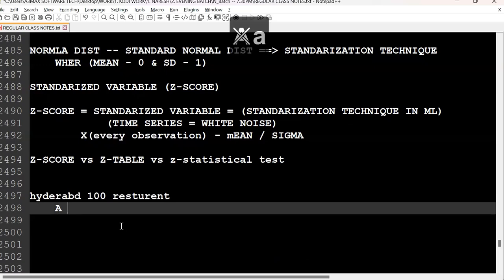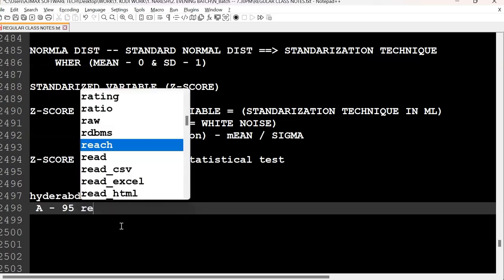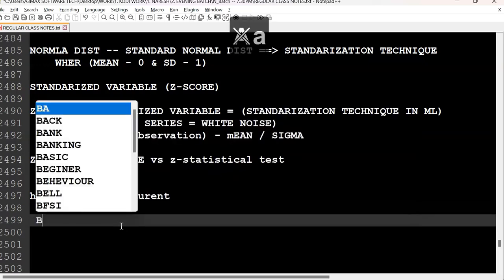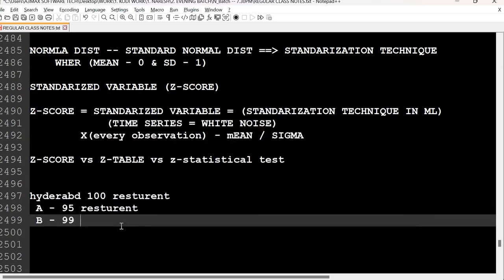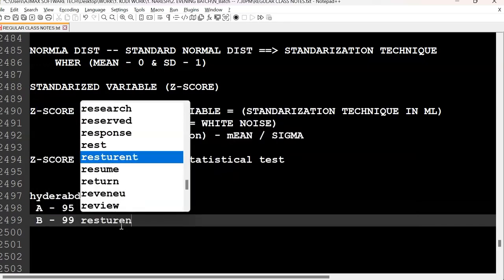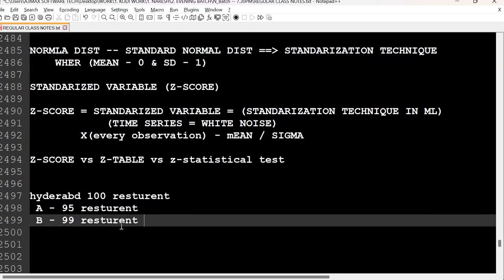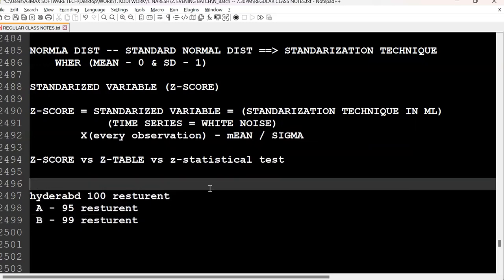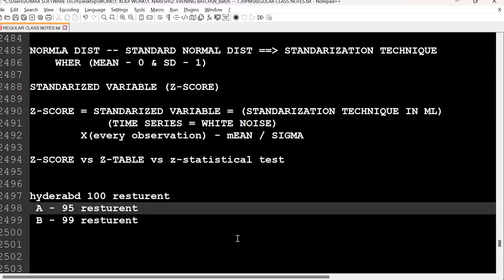Employee A, one of your friends, visited 95 restaurants. And another person B visited 99 restaurants.